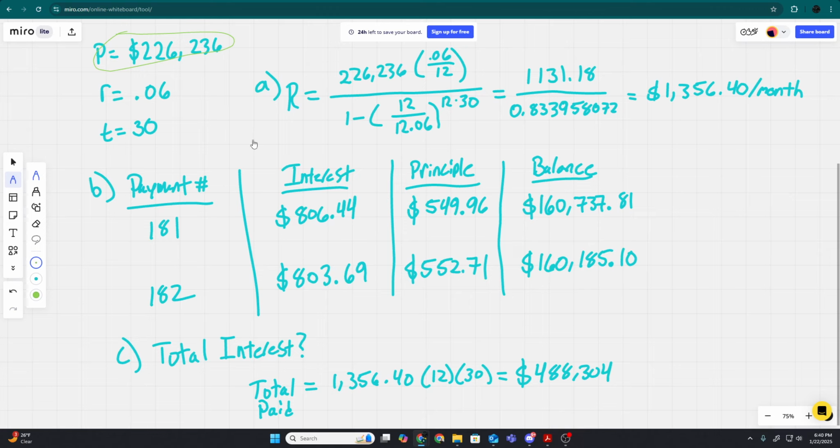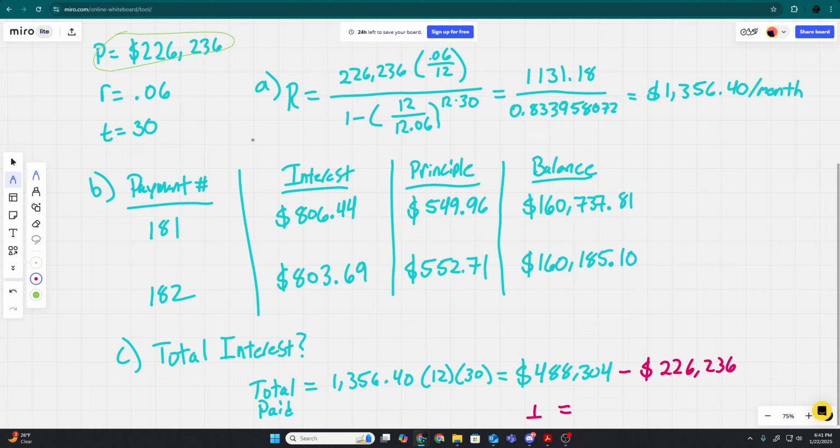So this total paid minus the original principal, or the original loan amount, this result will be the answer we're looking for, the total interest.